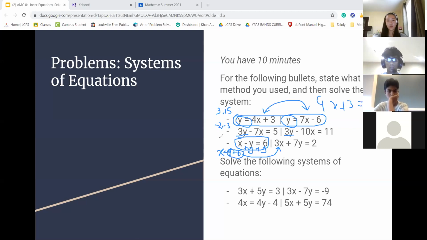And then for the third one, our answer is in decimal form: 4.4, -1.6. And for these last 2, I'll just take an answer for these and say if it's right or wrong.